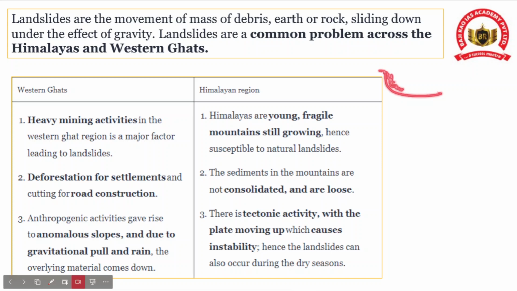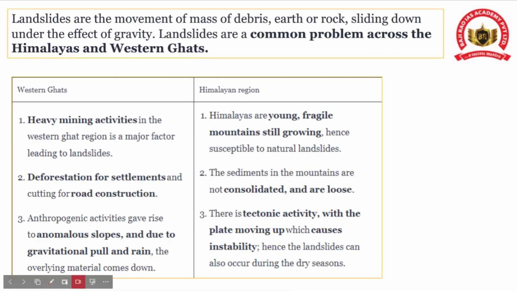If this is a very steep slope, a movement of a mass of debris, earth and rock usually slides down under the effect of gravity. Because of gravity, they slide down the steep slope of a mountain. So landslides are a very common problem across the Himalayas and Western Ghats.